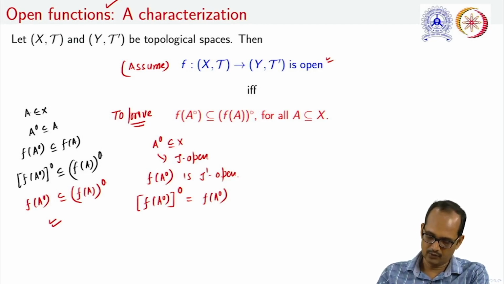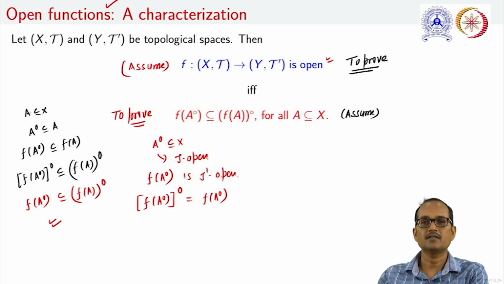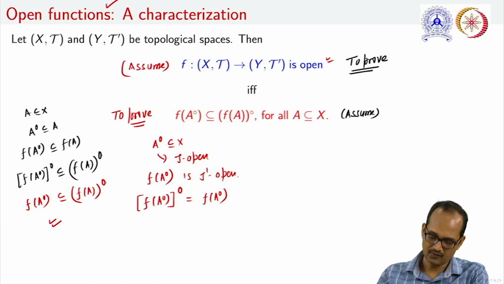Moving ahead, now let us assume the condition and try to justify that f is open. If we want to prove that f is an open function, let us take any A subset of X where A belongs to tau.